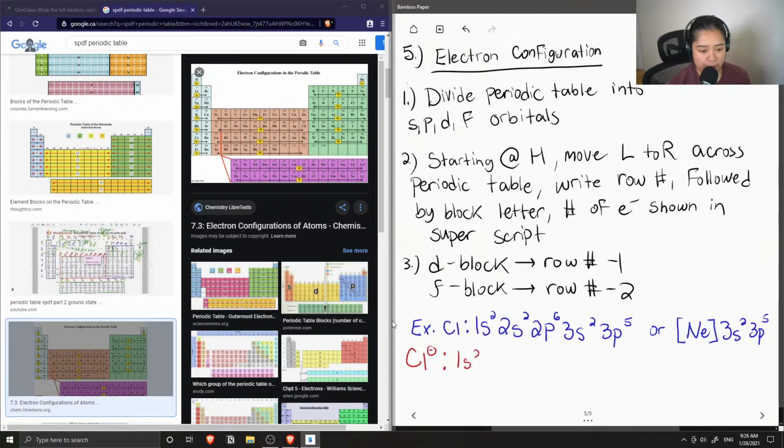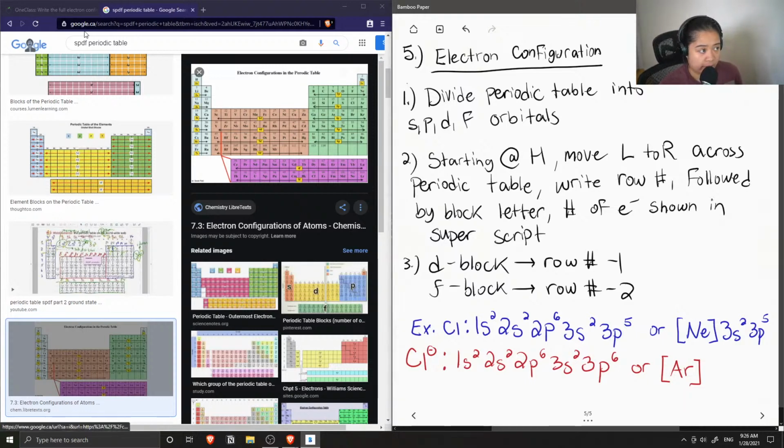So the first part is the same, 1s2, 2s2, 2p6, 3s2. And then once we get to 3p, it's now going to be 3p6. And if we were to write the shorthand configuration, this would be the same electron configuration as argon. So now we just write argon in square brackets, and these are the two electron configurations.